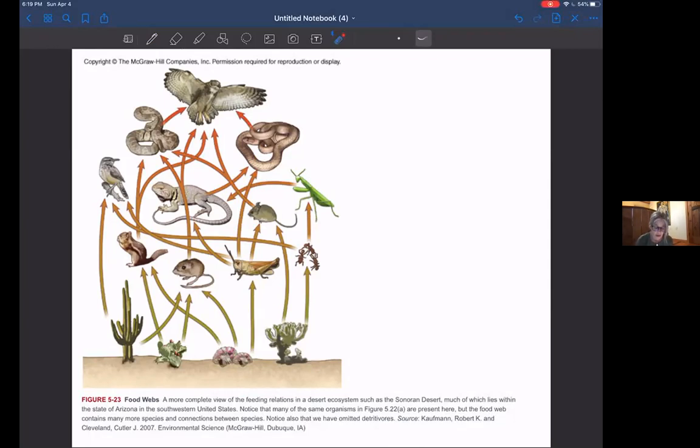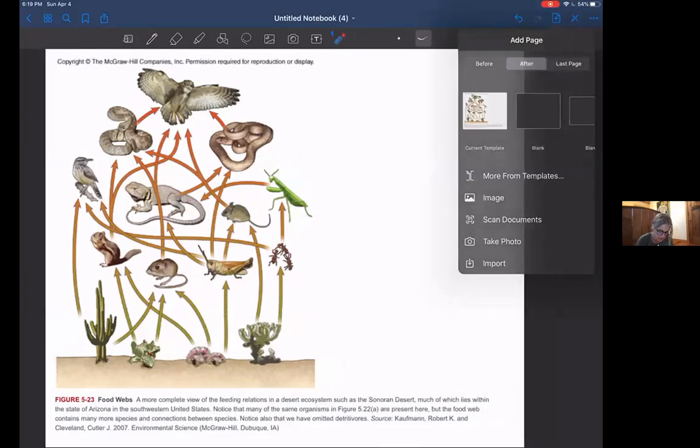Now we could talk about ecological pyramids or energy pyramids. The energy pyramid has to do with the biomass at each level. So this is my biomass at each level.